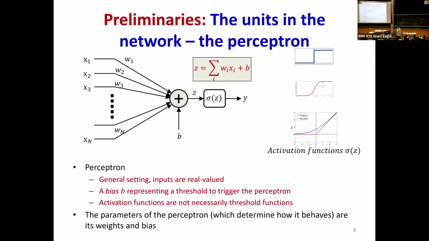Again, to remind you, an affine function is the weighted sum of inputs plus a bias, and then applying some kind of an activation on these affine functions. The simplest activation was just the threshold function on top, but once we decompose the operation of the perceptron in this manner, where you first compute an affine value and then put it through an activation, then the activation function itself can be anything.